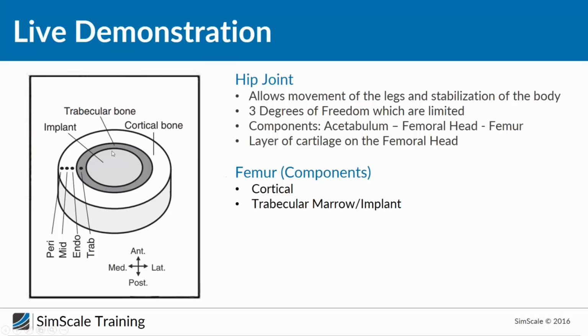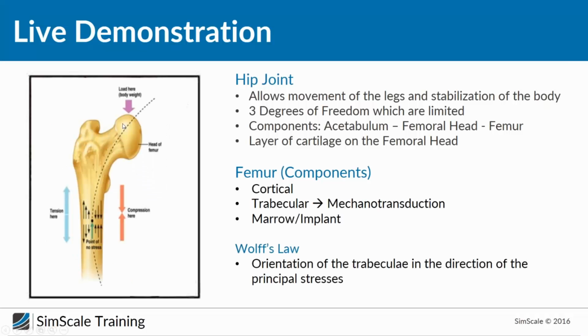And this trabecular bone has some very dedicated properties, which is called mechanotransduction. And to understand this, you have to know that this trabecular bone includes the trabeculae, very small structures, and these structures can orientate in the direction of principal stresses.